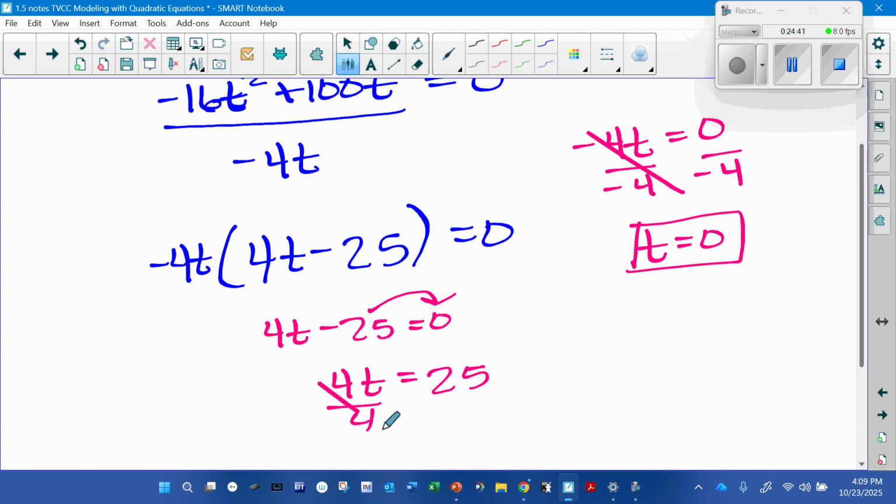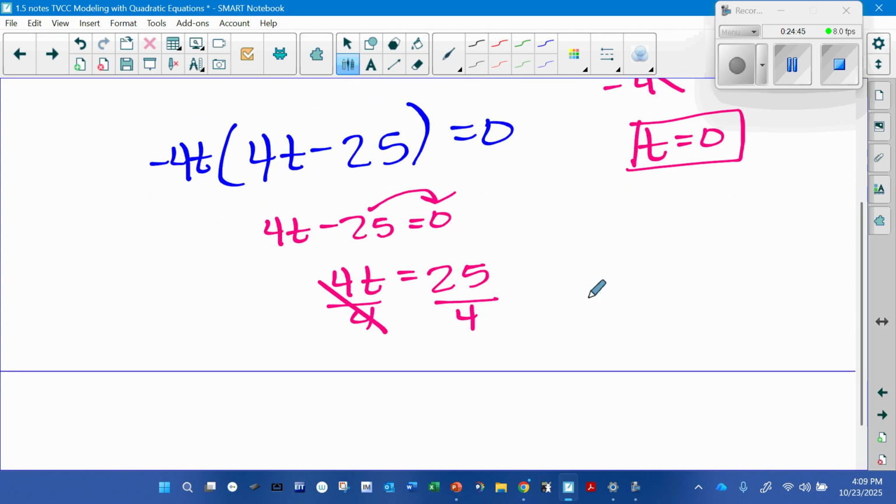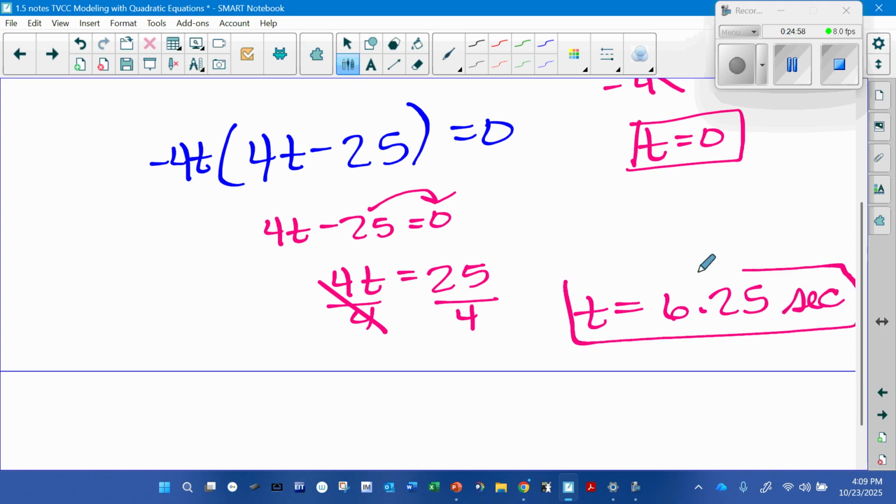Now divide by 4, and you get that t is 25 divided by 4, and that is 6.25 seconds. So we know that it's going to take 6.25 seconds for that projectile to go up and hit the ground again.